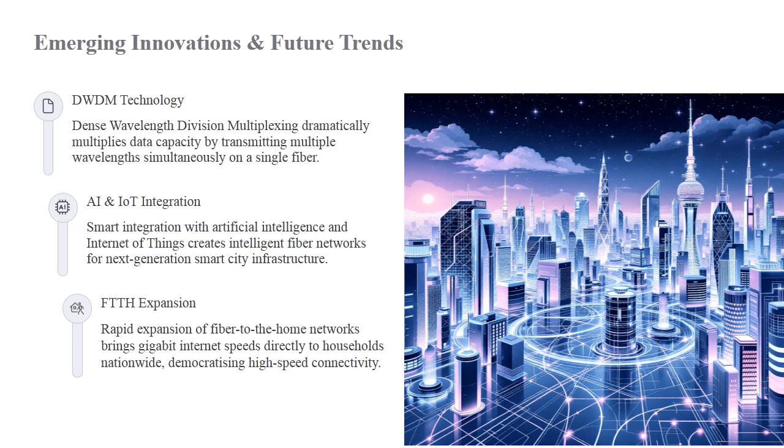And finally, rapid expansion of fiber to home networks. Nowadays we are replacing the conventional cable with fiber optic networking, for cable networking, television as well as internet. We are using fiber optics for better quality and high speed connectivity.